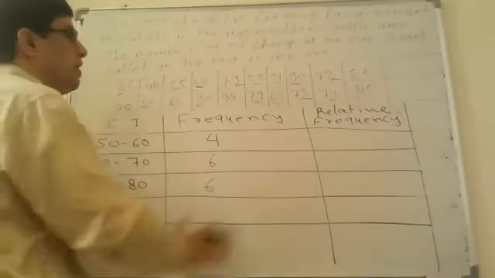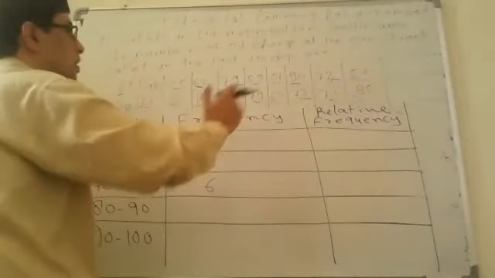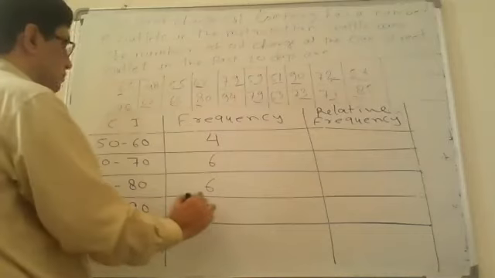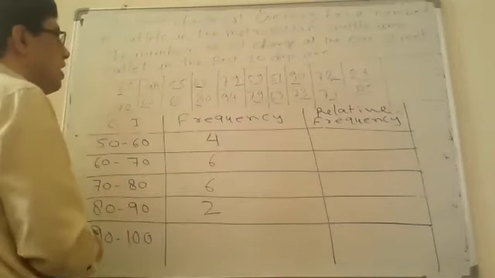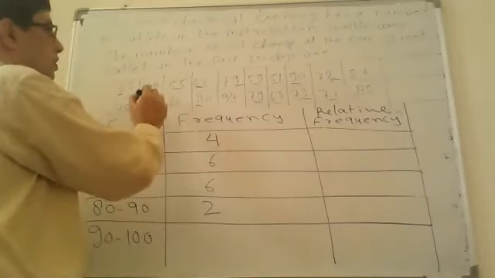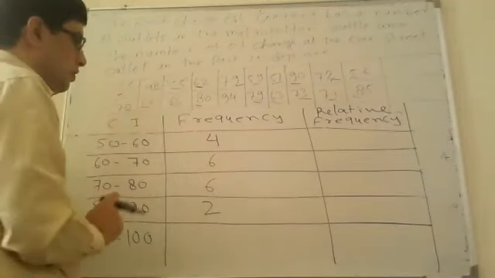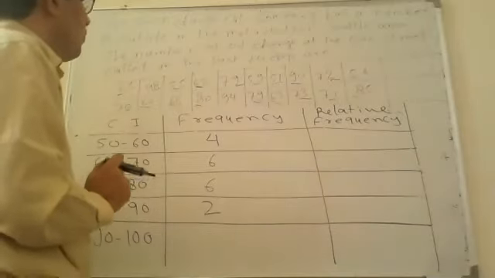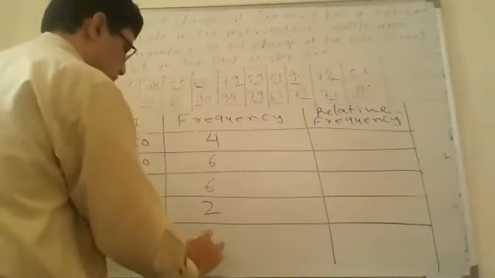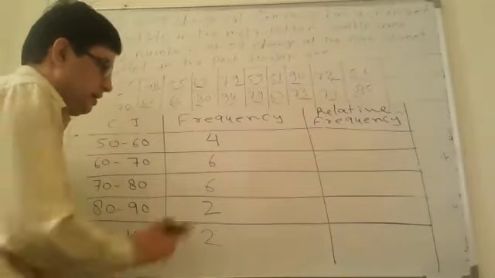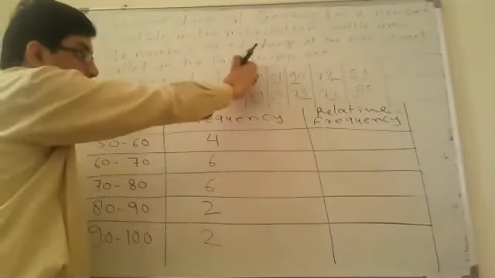So 80 to 90, 1, 2. 90 to 100: 1 and 2. So the total is 20. Verify.